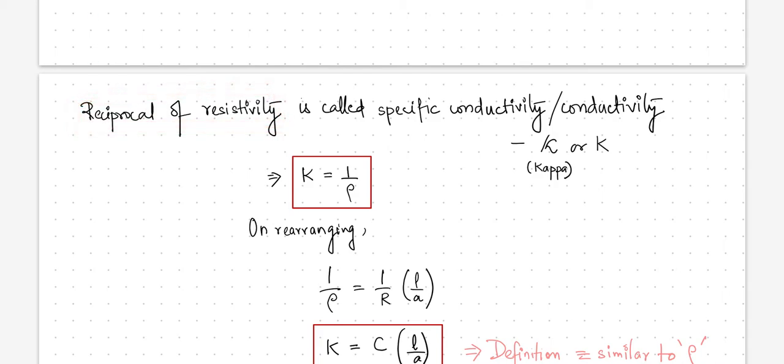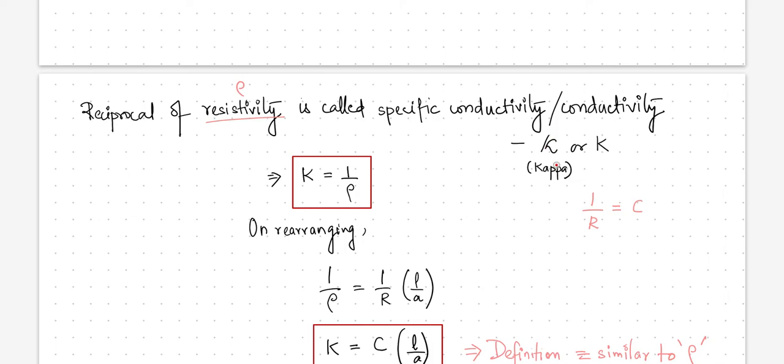One reciprocal we just learned: the reciprocal of resistance is conductance. Similarly, the reciprocal of resistivity, which we defined as rho, is the specific conductivity, or simply conductivity.